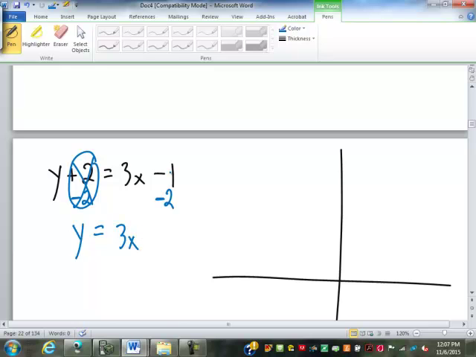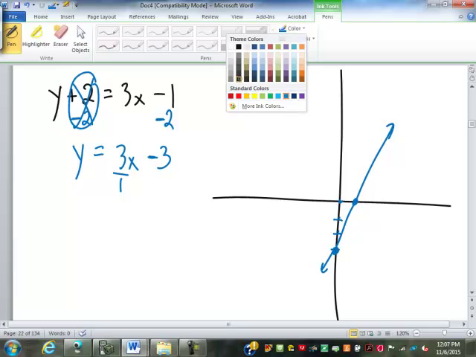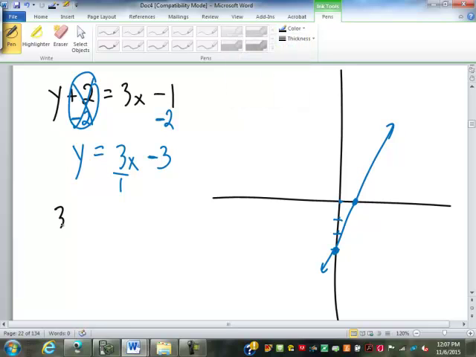So this is 3x. Negative 1 minus 2 is negative 3. So now I'm going to graph that starting at negative 3. And this is a 3 over 1, so that's going to go up 3 over 1. There's my graph. Now, similar to that, I can have an equation like this.